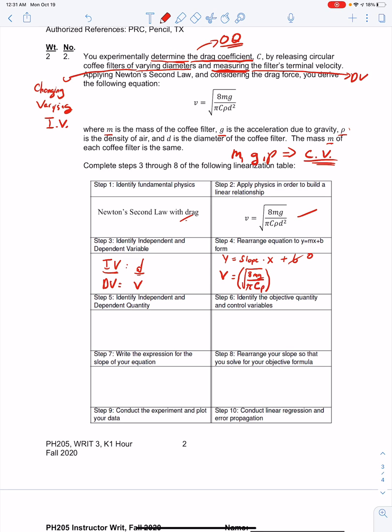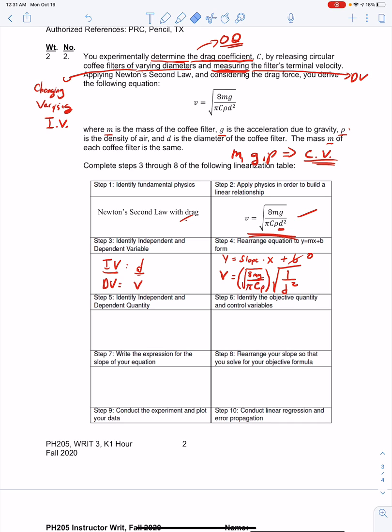The only thing that should not be included in the slope is the x part, and that would be the square root of 1 over d squared. Notice d squared right here. I just literally separated them because d is my independent variable, but I am putting it in exactly the same form as the equation is offering me here. Okay?